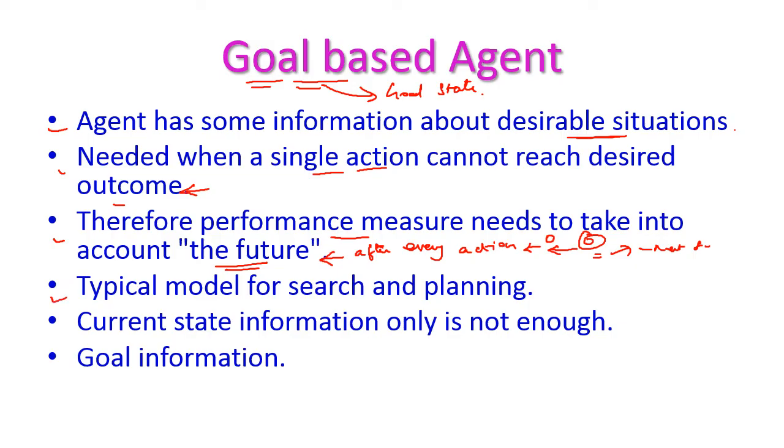And this is a typical model for searching and planning. So this is a very important agent for searching and planning problems. Here the current information is not enough, and goal information is also very important for this goal based agent.